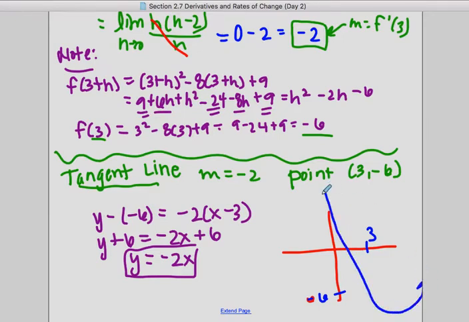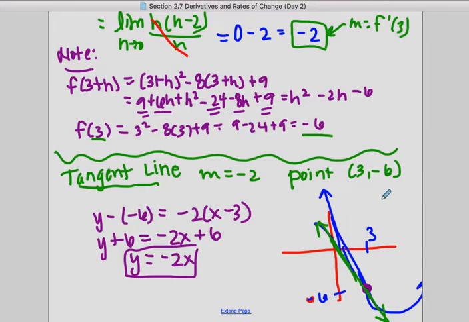Got some parabola here. Okay, and we're at the point 3, negative 6. And what it's saying is the tangent line would, if I graph y equals negative 2x, I know I didn't draw this exactly correct, but it would go, and it would touch just like that.